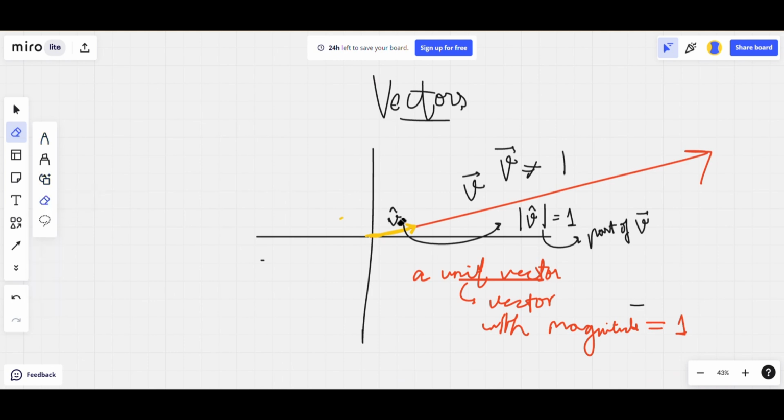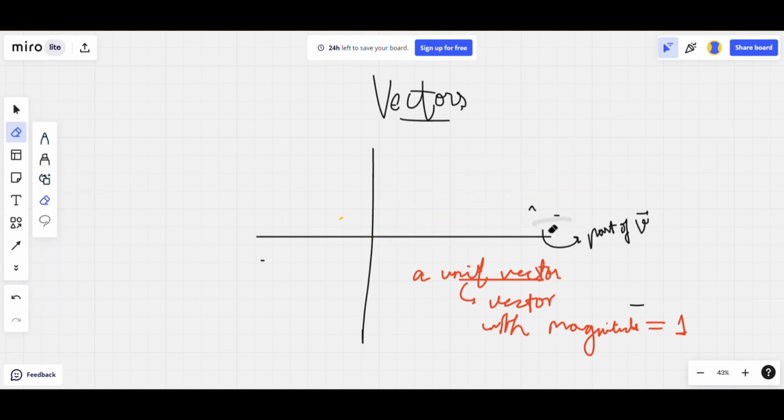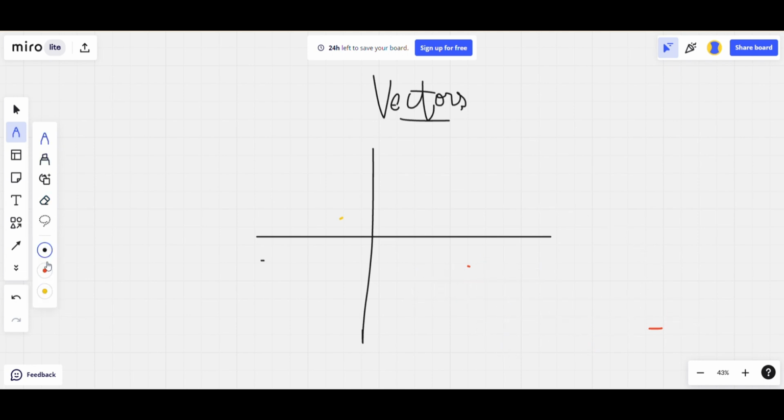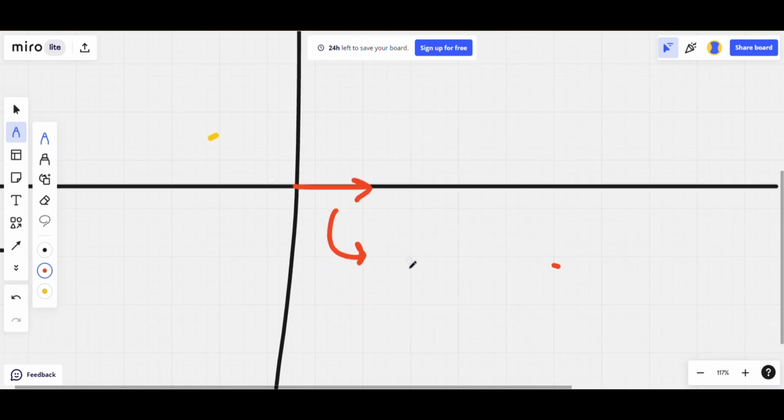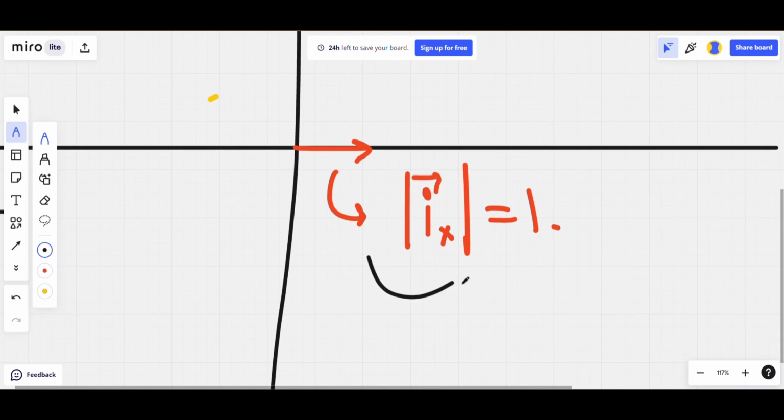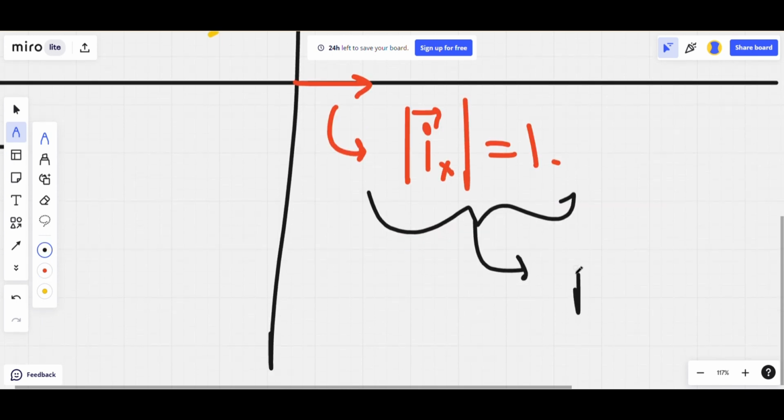So what do we mean when we're talking about unit vector along x-axis and unit vector along y-axis? We're talking about a vector along x-axis whose magnitude is 1, and the way to represent this is by i cap.